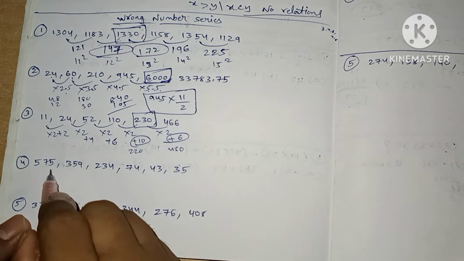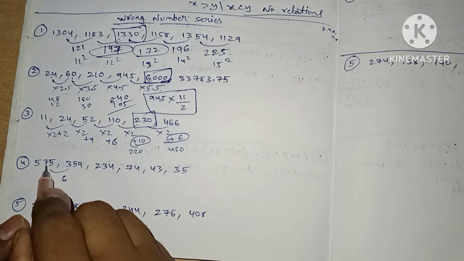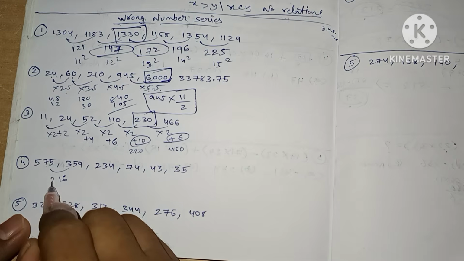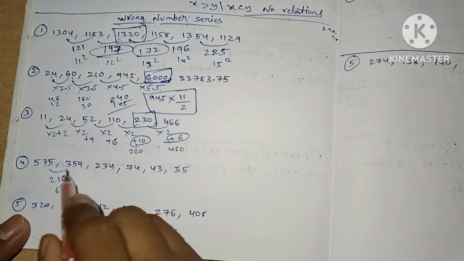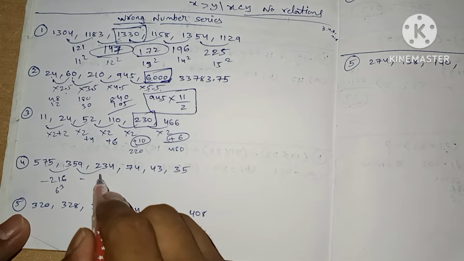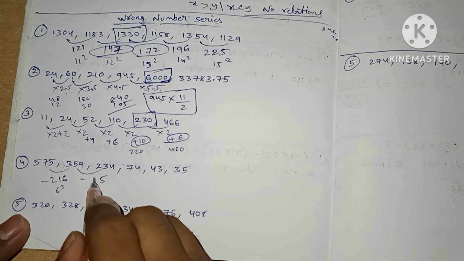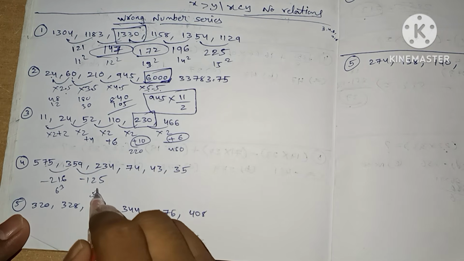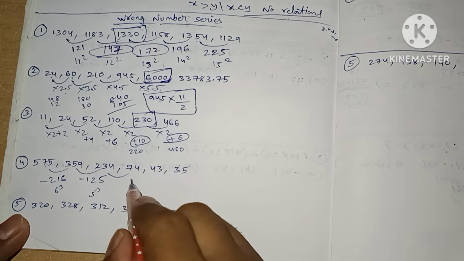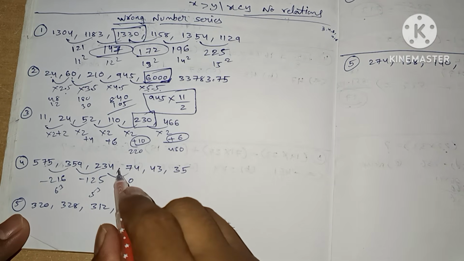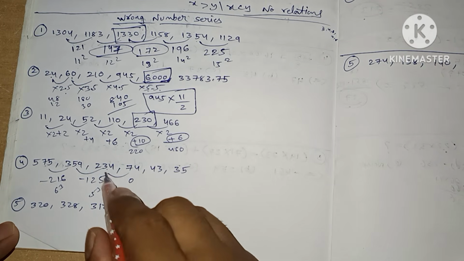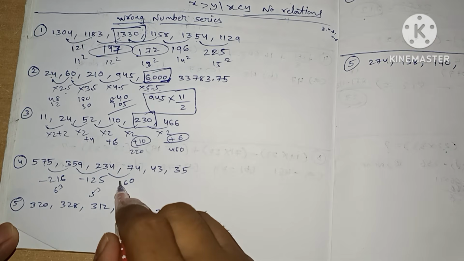The difference between these two is 6. This will be 216, which is 6 cube. Here we see a difference of 125, which is 5 cube. Here we see a difference of 0 and this will be 7, means 3 plus 3, 6, 160.